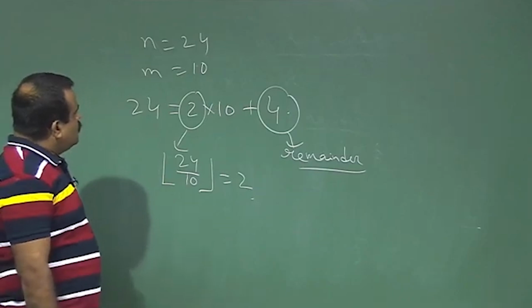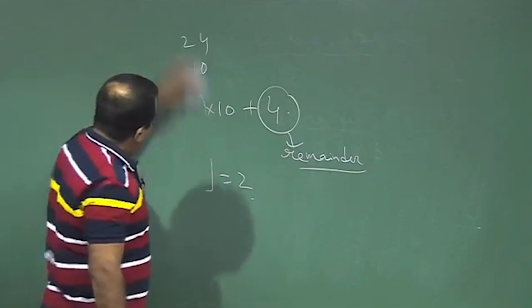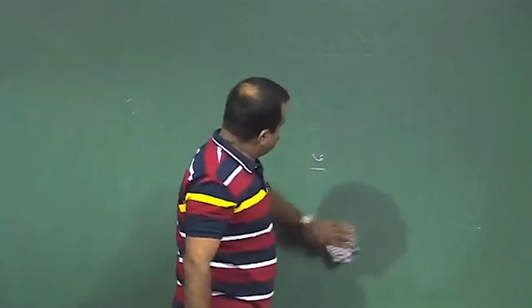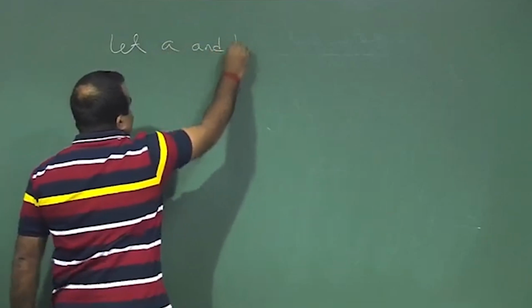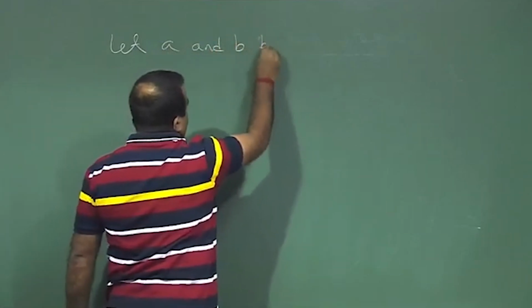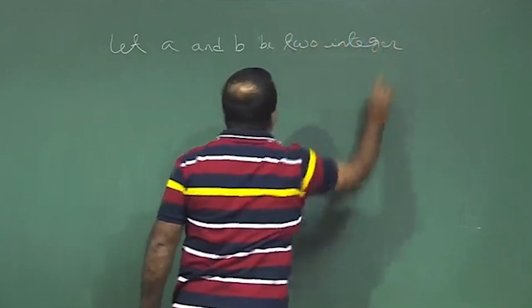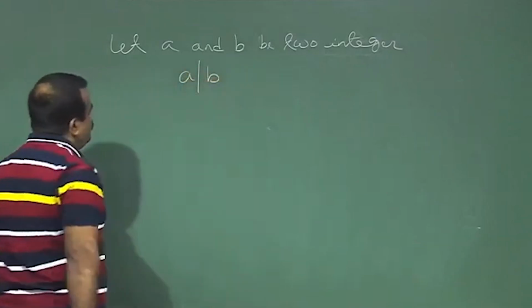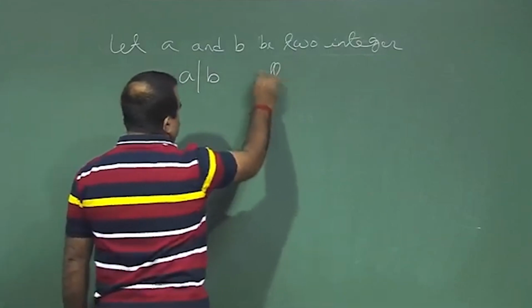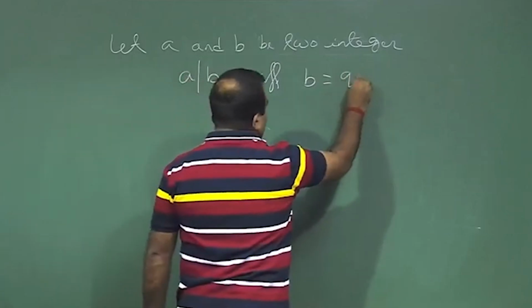So, now when we say a divides b, suppose we have two integers, let a and b be two integers, and we say a divides b if and only if b is basically some q into a.